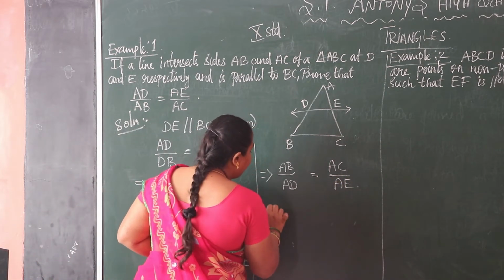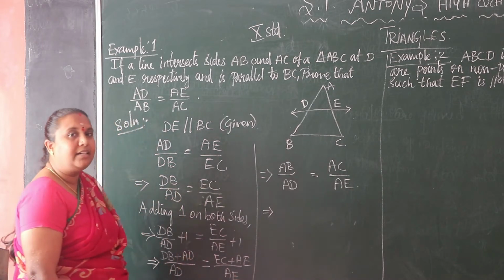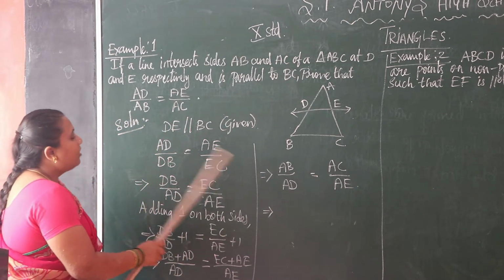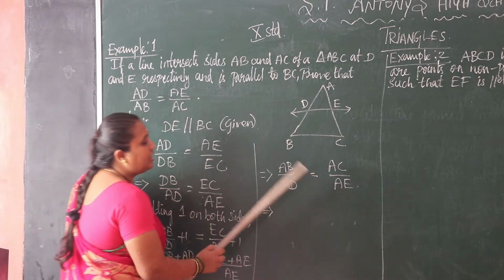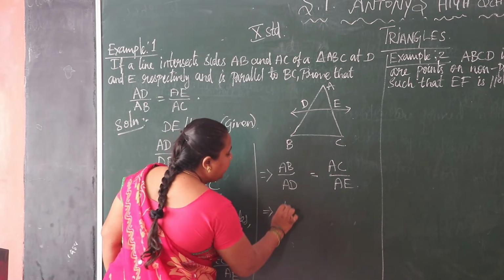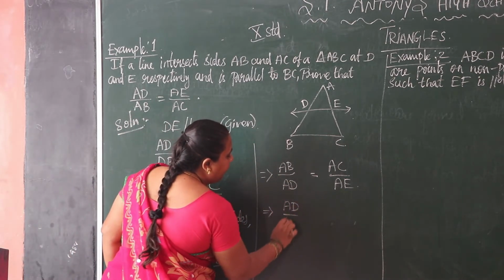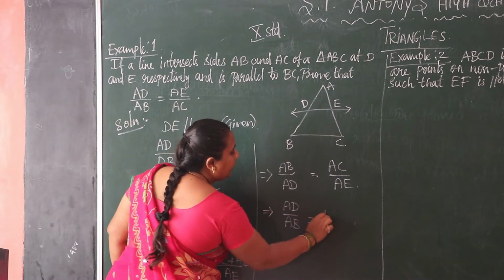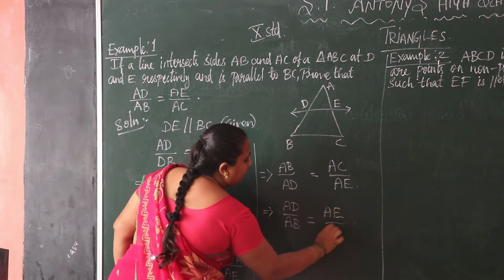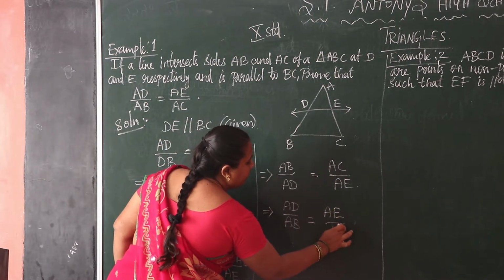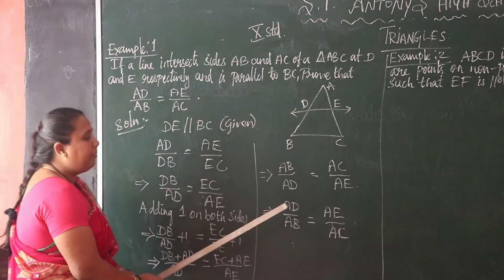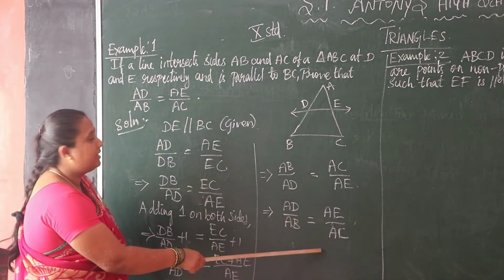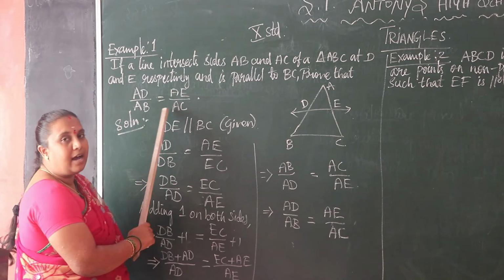Now we interchange the numerator and denominator again. We get AD by AB equals AE by AC. So we get the answer.